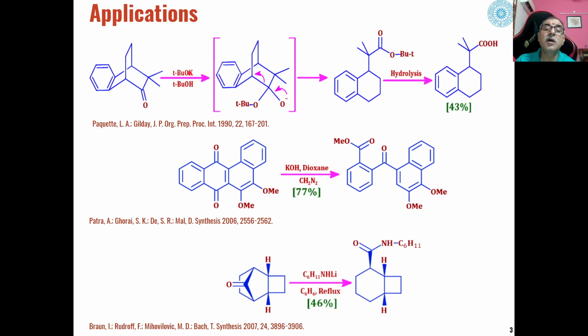This strong base tertiary butoxide will attack this carbonyl and this type of intermediate will form, and then this will form a carbon-oxygen double bond. This carbon-carbon bond will break and we will get these types of esters as the product, and these esters on hydrolysis will give us carboxylic acids as the product.